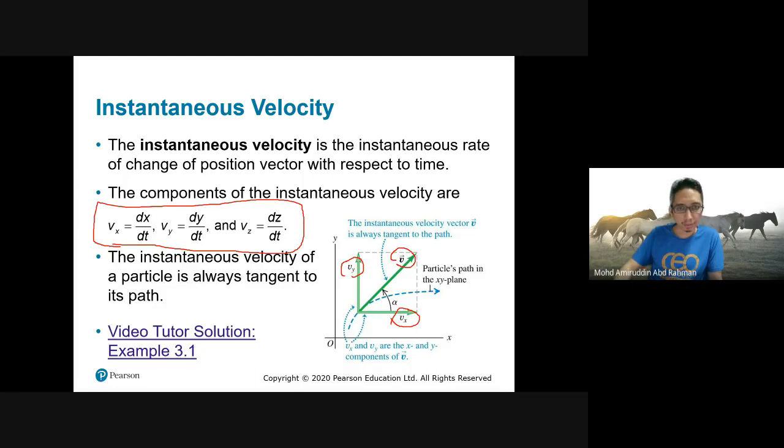That's the instantaneous velocity, let's say describing this projectile motion, the curve over here.